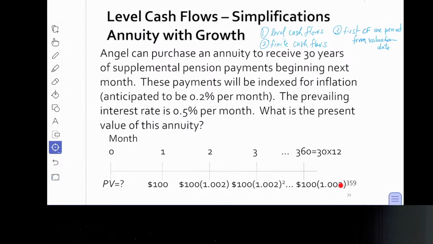What's different here? Why is this not an annuity? Why can we not use the annuity formula? Why are we restricted from using the annuity formula? Which of those conditions are violated?